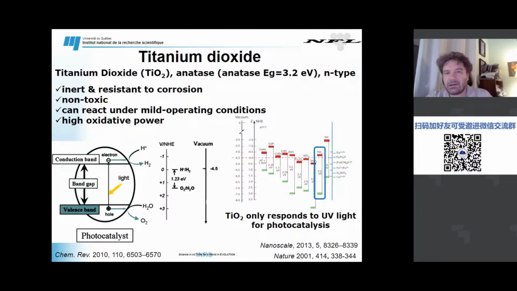However, these materials pretty much all have a large band gap. For example, in the case of titanium dioxide, it's more than 3 eV, which means that titanium dioxide only responds to ultraviolet light. And that is a problem because if you look at the distribution intensity of the solar spectrum, only about 5% of photons coming from the sun are in the ultraviolet region.